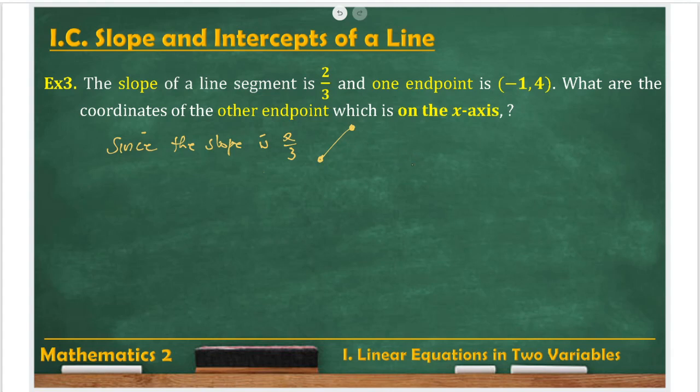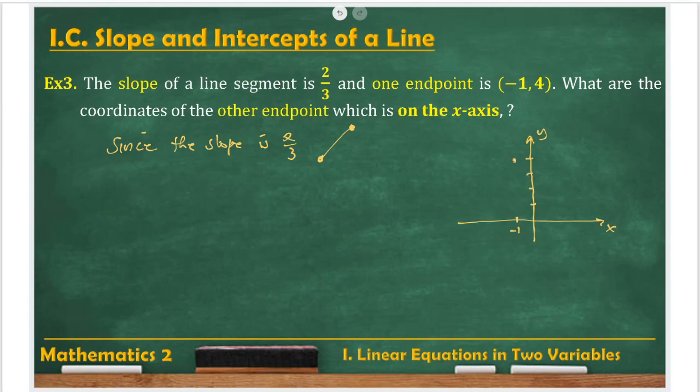Now, if we're going to sketch or make a representation of the problem, suppose this is point -1 on the x-axis. It's -1. Then you have 1, 2, 3, 4.